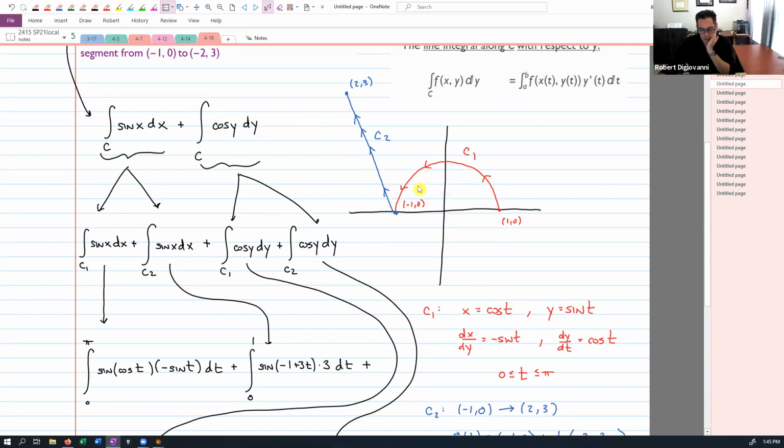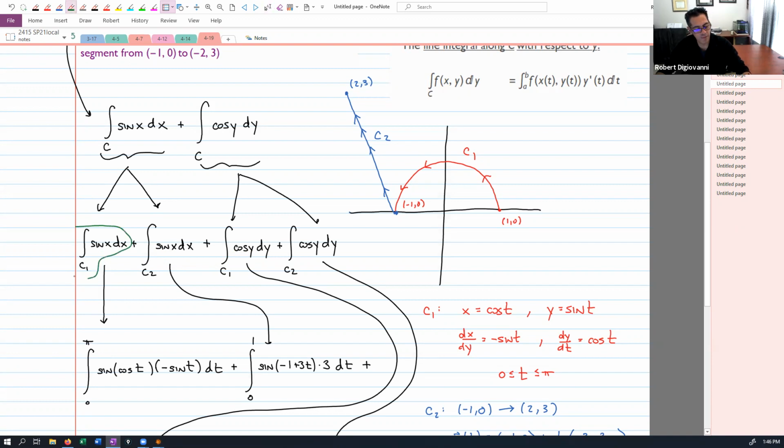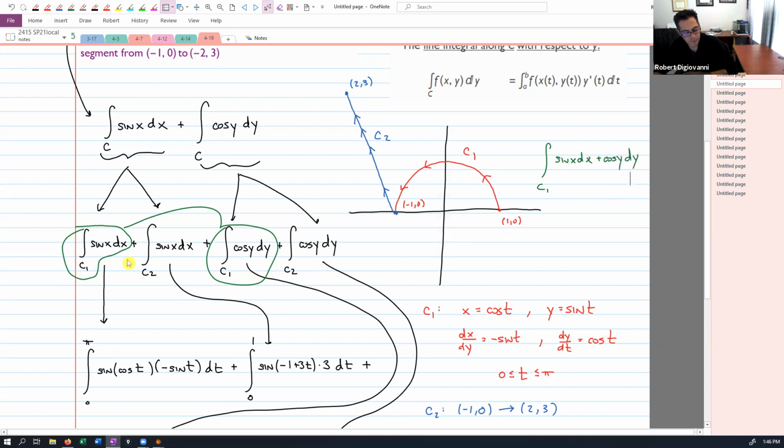Because you did sine x dx plus cosine y dy, but you split them up by C1, C2, and I was just wondering if you could find the integral of just C1 using sine and cosine, and then add that. Here's what you could do. You could write both of these together, but it would be the integral over C1 of sine x dx plus cosine y dy, like that. Is that what you mean?